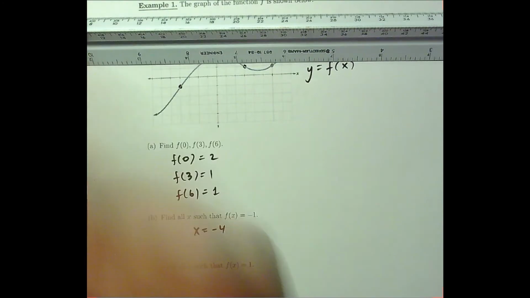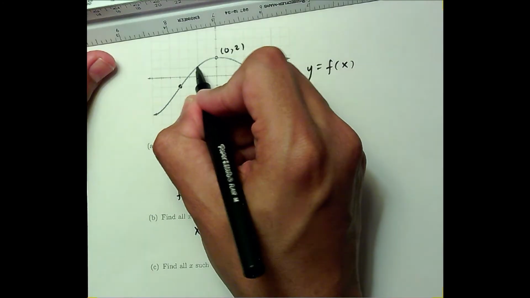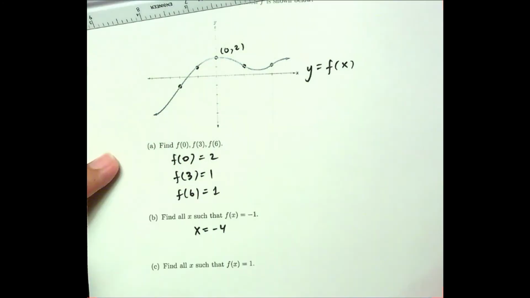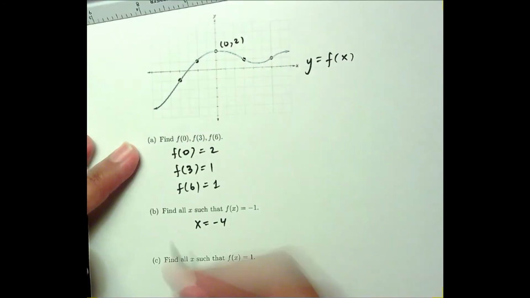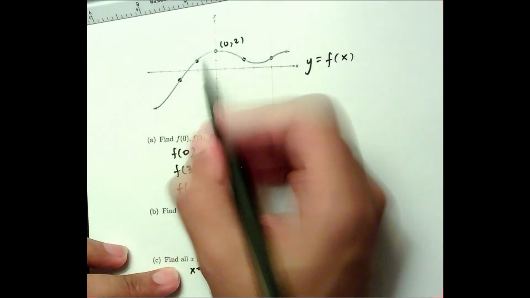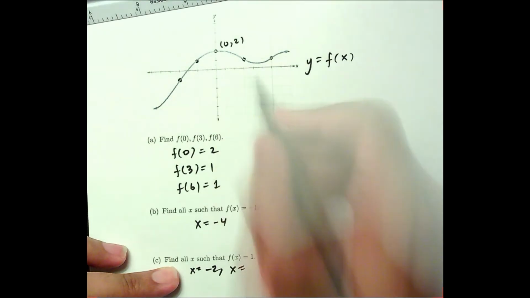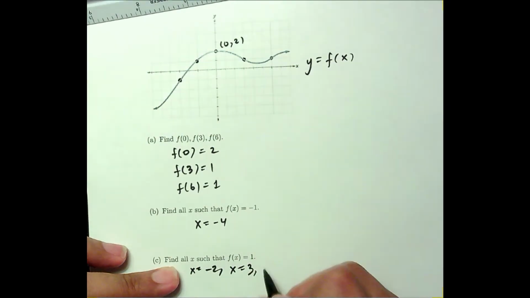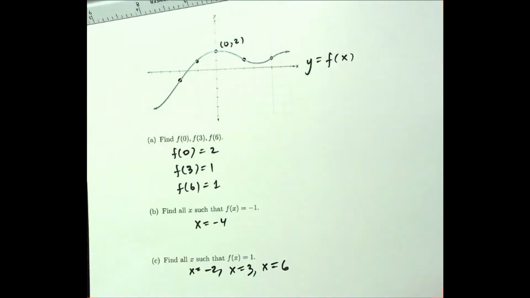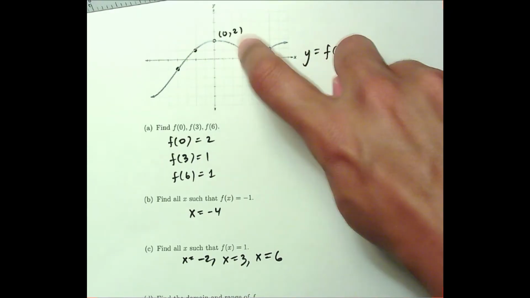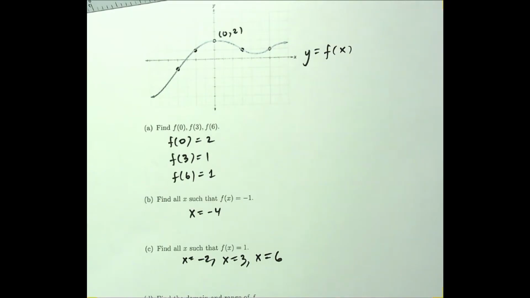There are 3 points at height y equals 1. All of them are, starting from the left, x equals -2, x equals 3, and x equals 6. So there are 3 points whose corresponding y-coordinate is 1. Okay?